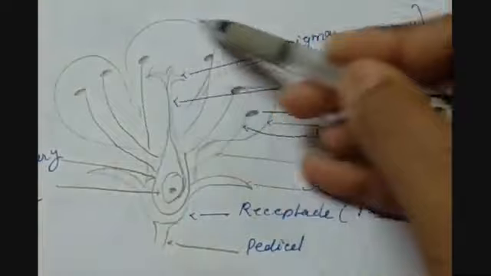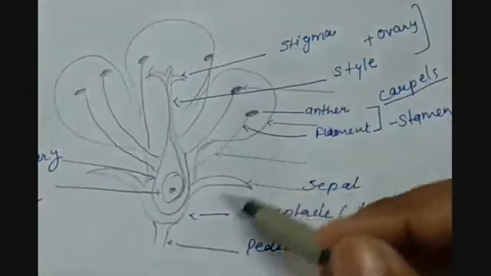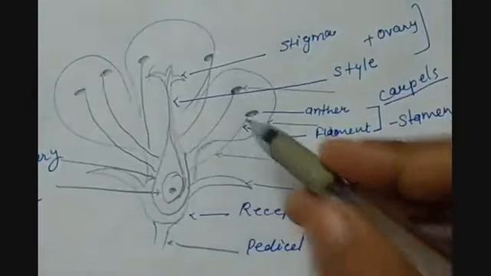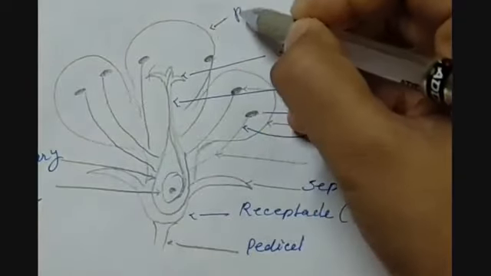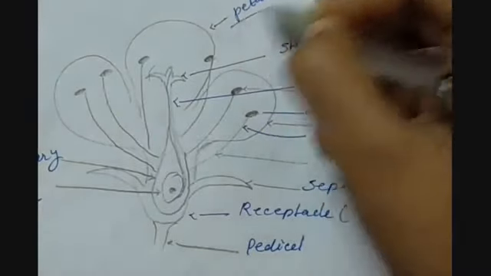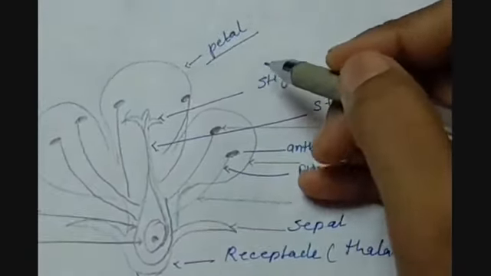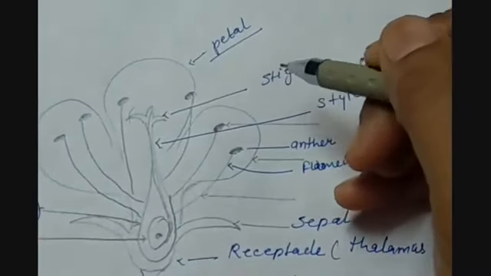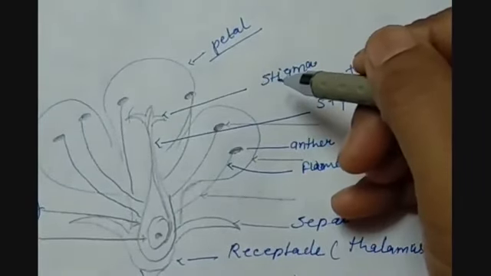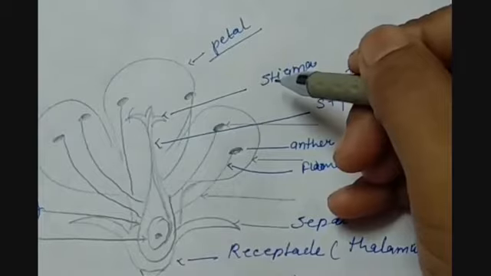Here, the shapes which you are seeing are the petals of the flower. So these are the petals. Petals of a flower are generally very bright in color. There are two purposes of having petals in a flower.